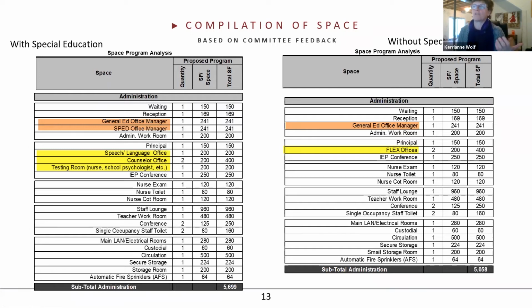do you have any strong feelings or thoughts about, first of all, what they're called? Well, it would help to see the layout, because if we're mixing in the special ed classrooms with the gen ed classrooms in an inclusive model, then you don't want to have a separate special ed teacher lounge and a gen ed teacher's lounge. Yeah, I was going to say the same thing.